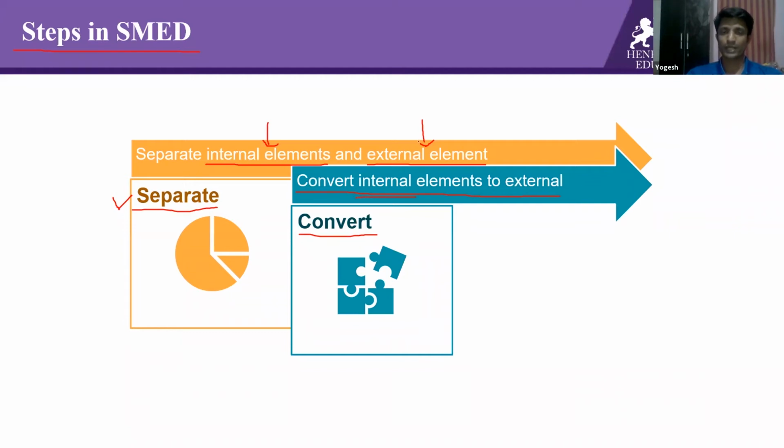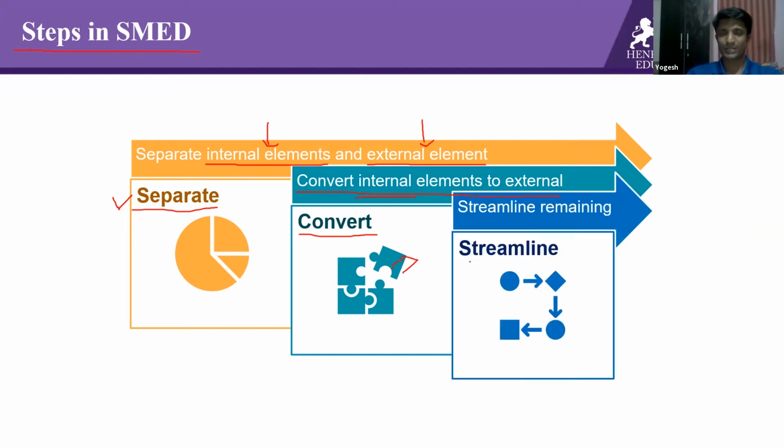Because we have already identified external elements and those are moved out, and now the remaining internal elements can also be moved to external by making some changes in the process, or in the operations, or by introducing some new technology or new tooling, right? That is the main intent of step 2, converting internal elements to external elements.